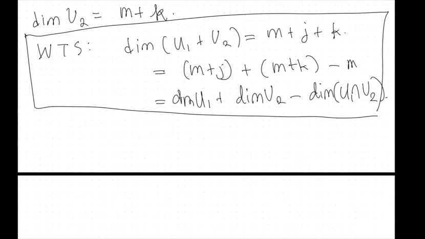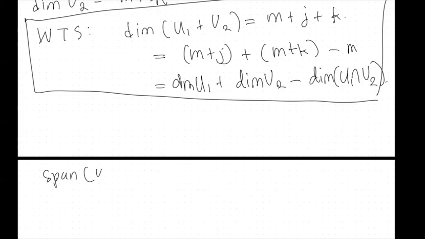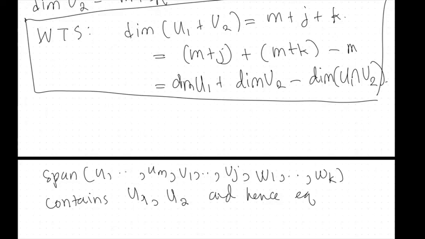All right, let us start the proof of our claim. The span of U1 up to UM, and then V1 up to VJ, and then W1 up to WK contains U1 and also contains U2, and hence is equal to U1 plus U2.